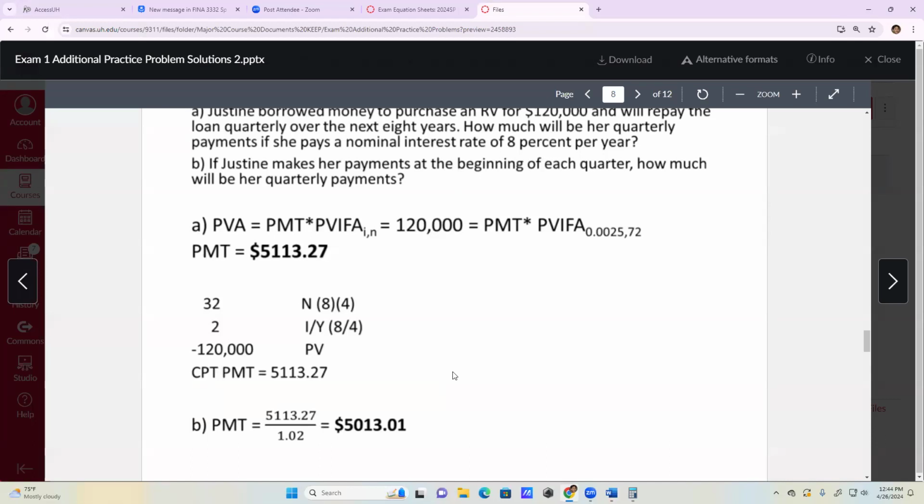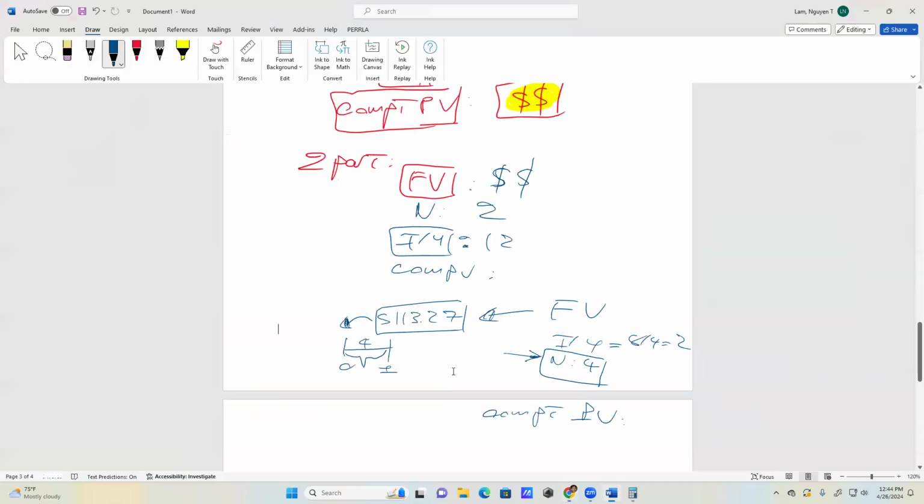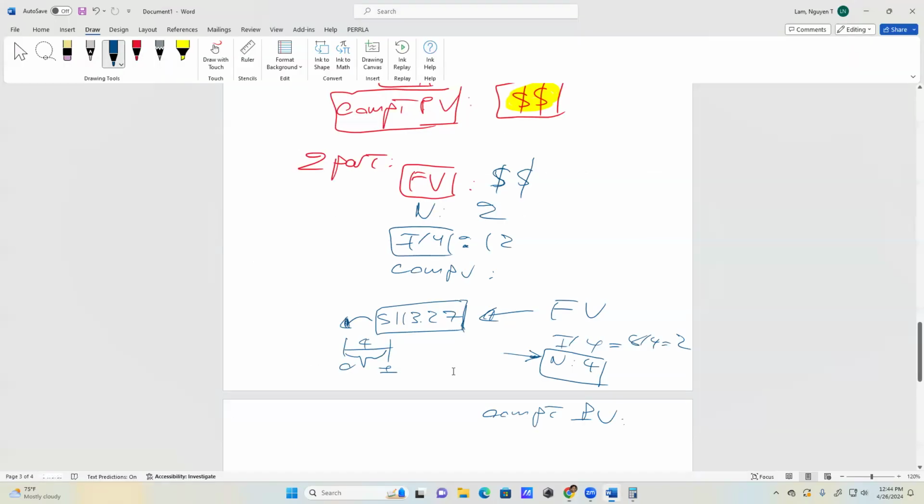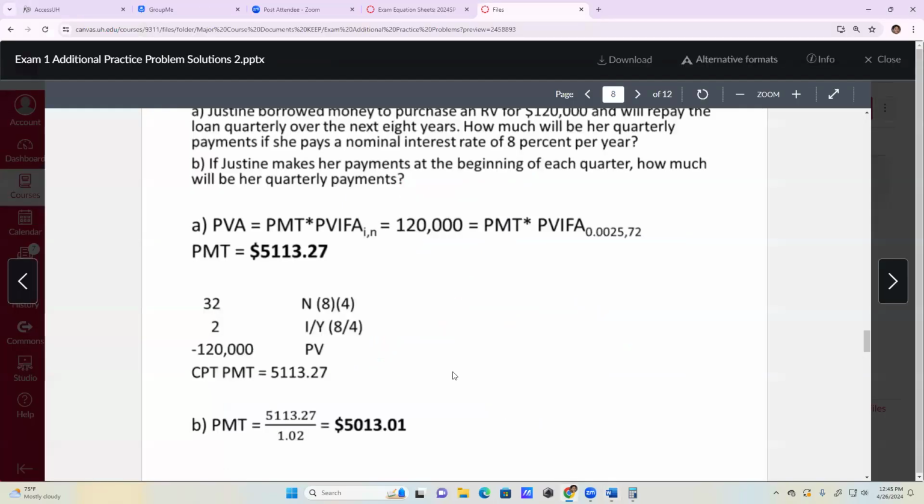No, compute present value, right? It shouldn't be payment, because it could be confusing. Compute present value. Yeah, I got this. It just says 5,113. It didn't even change.